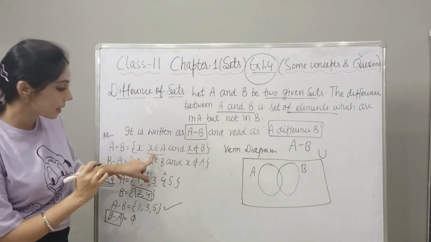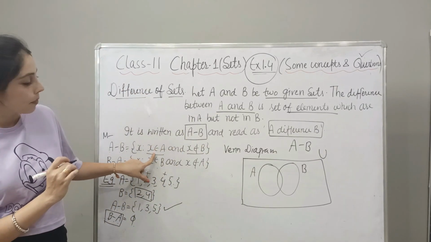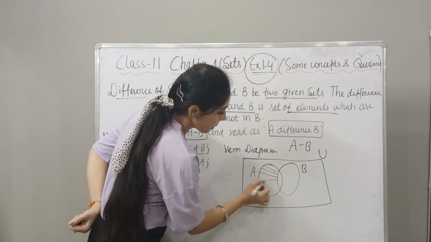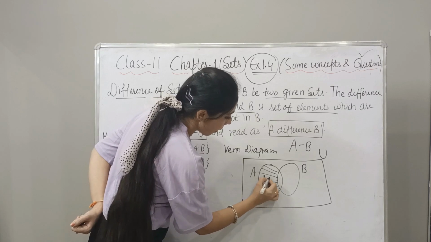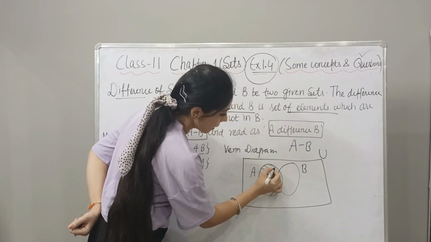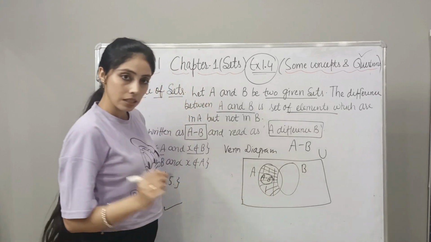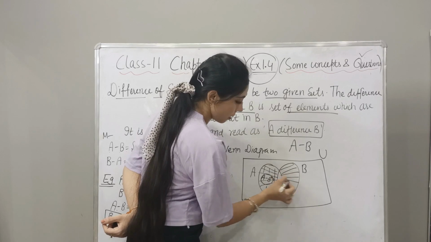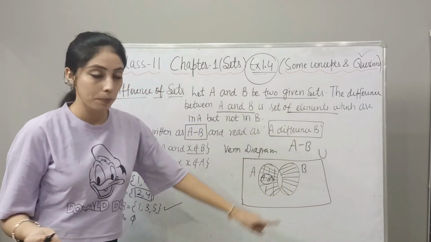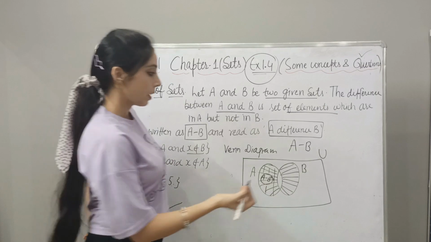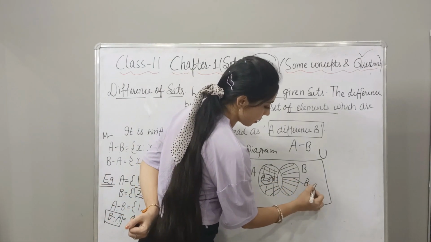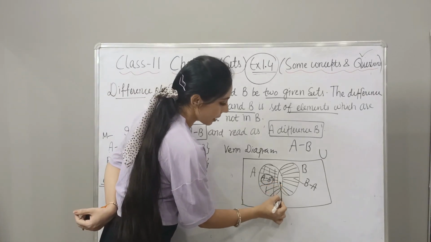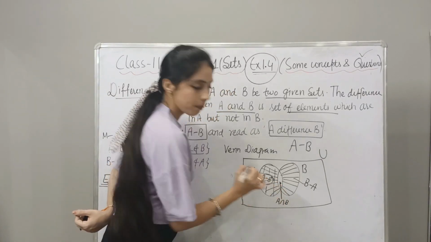This will contain all the elements of A which are not in B. So this whole region will be A minus B, A difference B. And this will represent all the elements of B which are not in A. So this will denote B difference A. And what is this? This is A intersection B.